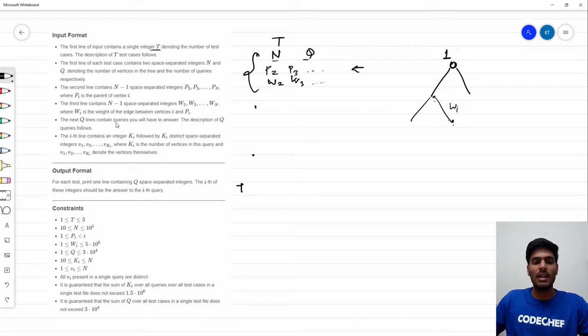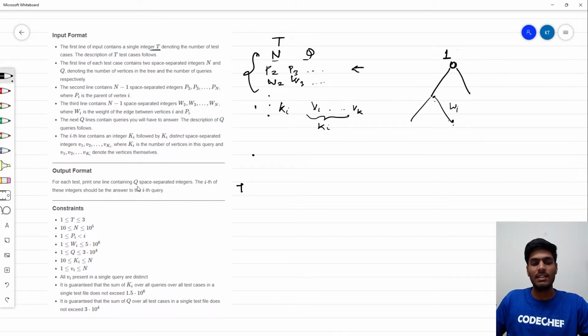The next q lines contain the queries you will have to answer. So the q queries will be here. The ith line contains an integer ki followed by ki distinct space separated integers. So the ki will be here and it will be followed by ki distinct vertices here, going from v1 to vk. Now the output format is given to us.